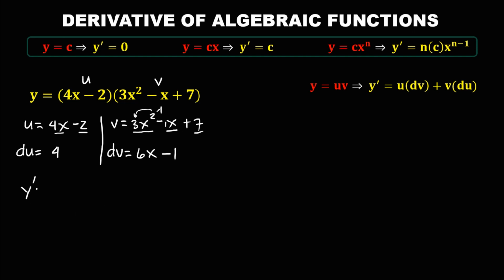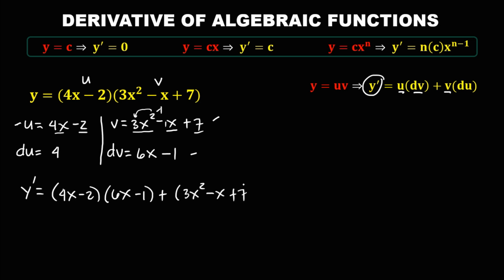So this time to find the derivative from this formula, we have u, and u is 4x minus 2 times dv. dv is 6x minus 1, then plus v. v is 3x squared minus x plus 7, and du is 4.